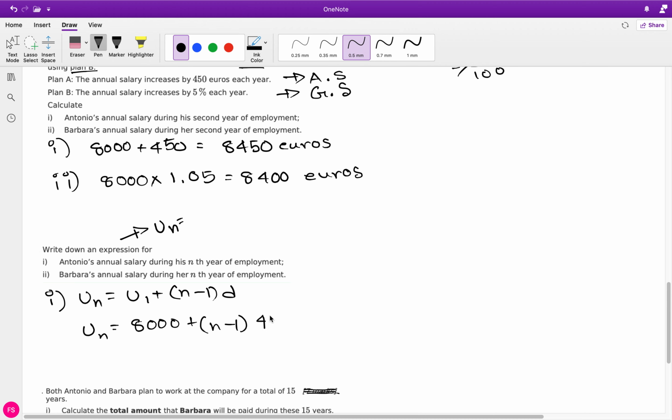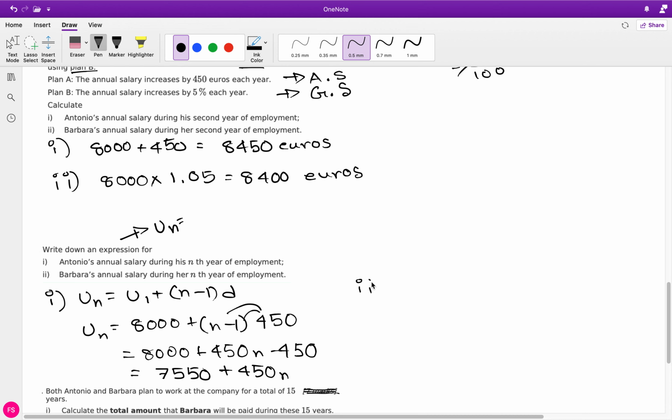The common difference is 450. I'm going to distribute this. This will give me 8,000 plus 450n minus 450. 8,000 minus 450 will give me 7,550, and this will just stay like that, 450n. So this is the general salary for a general term for Antonio.